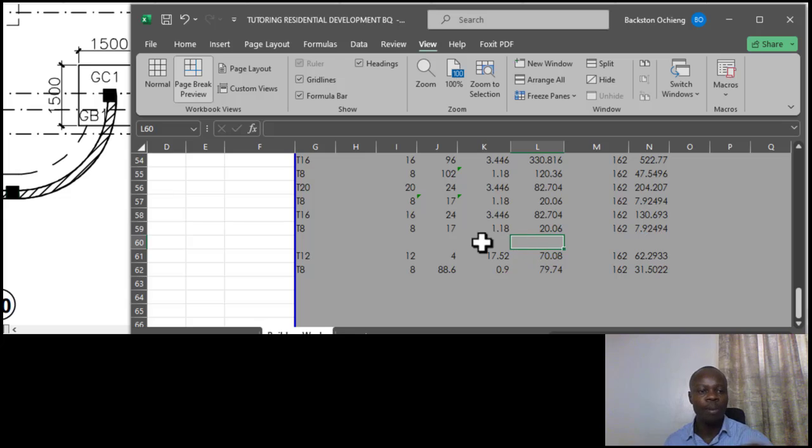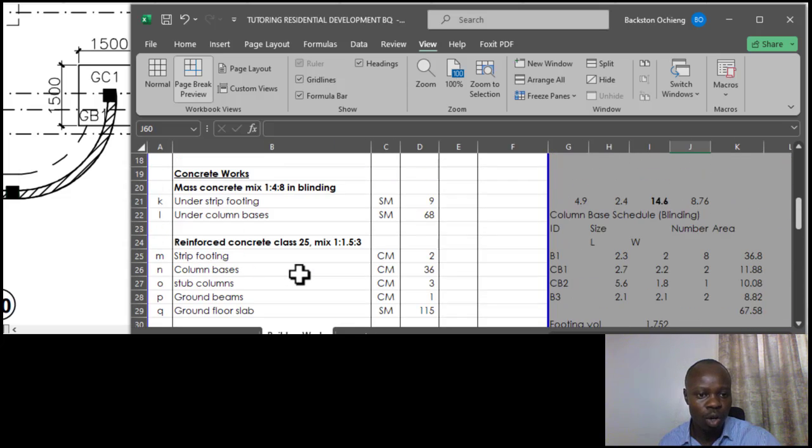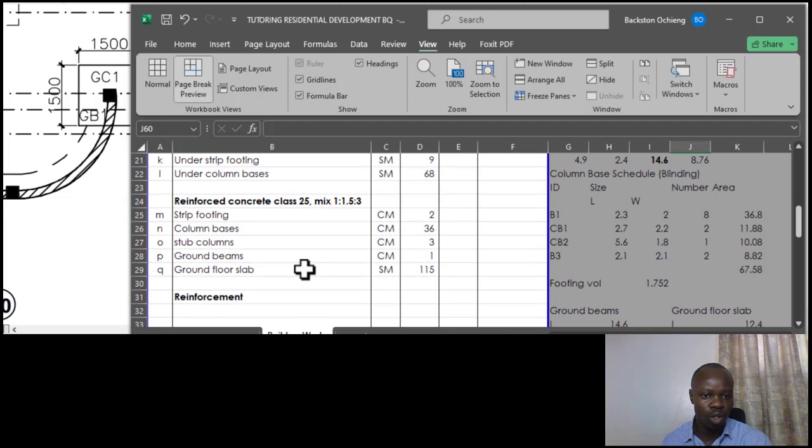Alright, so from here, the only reinforcement that is left, but not a reinforcement bar, is what we do about the BRC. And BRC is only laid for the foundation ground floor slab. So looking at all the reinforced concrete elements, we have done strip footing, we have done column bases, the foundation columns, and we've also done the ground beams.